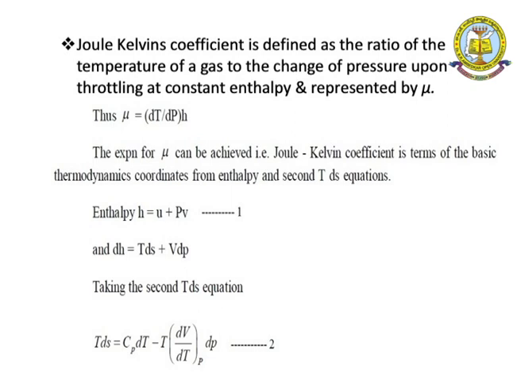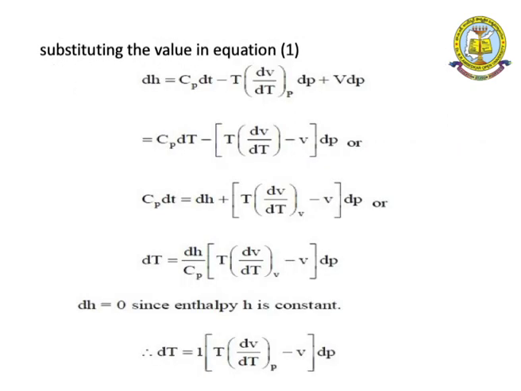By taking the second TdS equation, TdS equals Cp dT minus T times (dV by dT at constant P) times dP, and substituting into equation 1, dH equals Cp dT minus T (dV/dT)_P dP plus VdP.